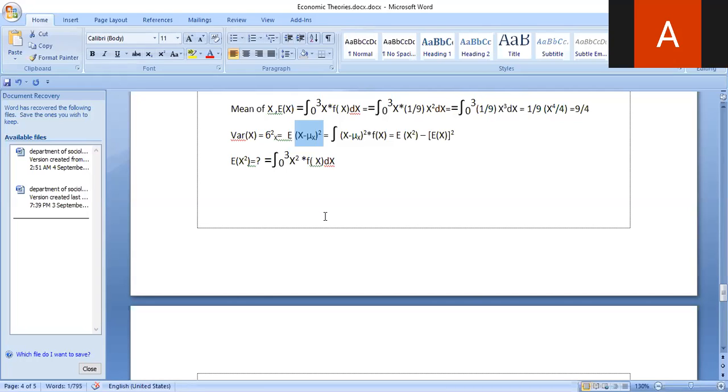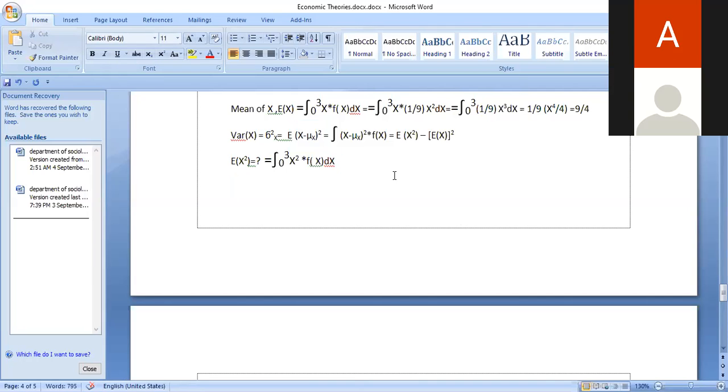No answer? Nobody wants to say anything? Some people quickly left the class. Faiza binte Harun, are you there? Yes, Professor. Why do you think they are squaring this deviation? To remove the negative value.